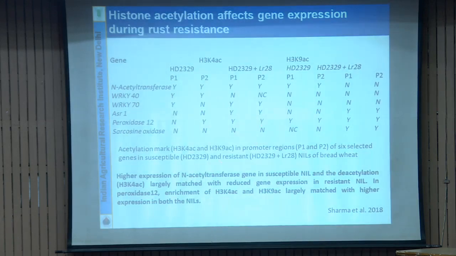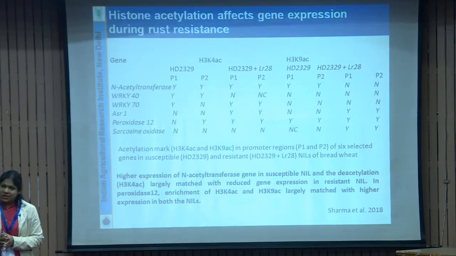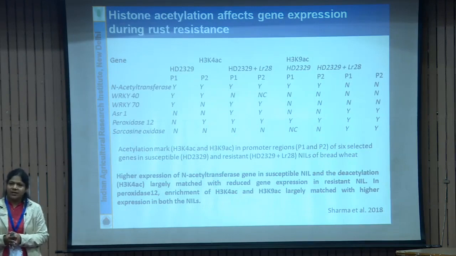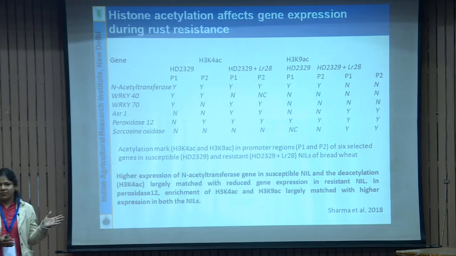Then we see whether this histone modification is related to gene expression or not. The conclusion was that only 2 genes, the N-acetyl transferase gene, showed higher expression in susceptible Neelu, and its deacetylation showed lower expression. Similarly, peroxidase also showed higher expression. That gave us the conclusion that the genes which were differentially expressed could also be regulated by histone modifications.